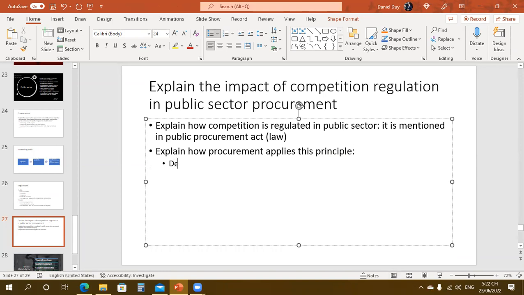By defining the need, you try to avoid naming the brand within the specification, so that you can maximize the number of suppliers. And furthermore, you can use standards so that we have the maximum number of suppliers.